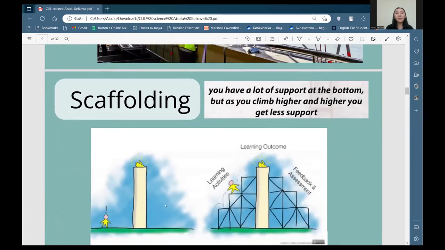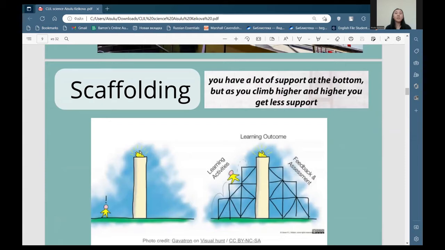Let's imagine that this is the desired level of knowledge the primary school pupil needs to have. However, there is a gap of knowledge, experience, skills, and so on. So what the teacher does is provide the scaffolds, the basics that help the children move smoothly towards the learning outcomes.